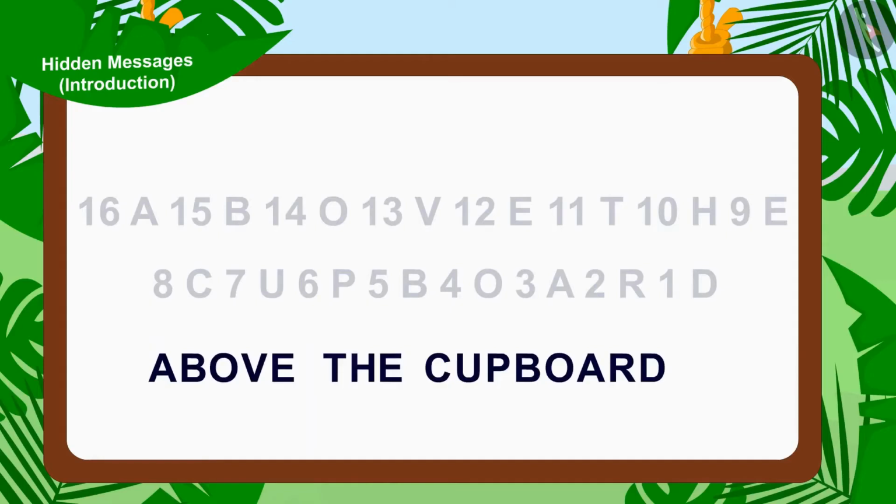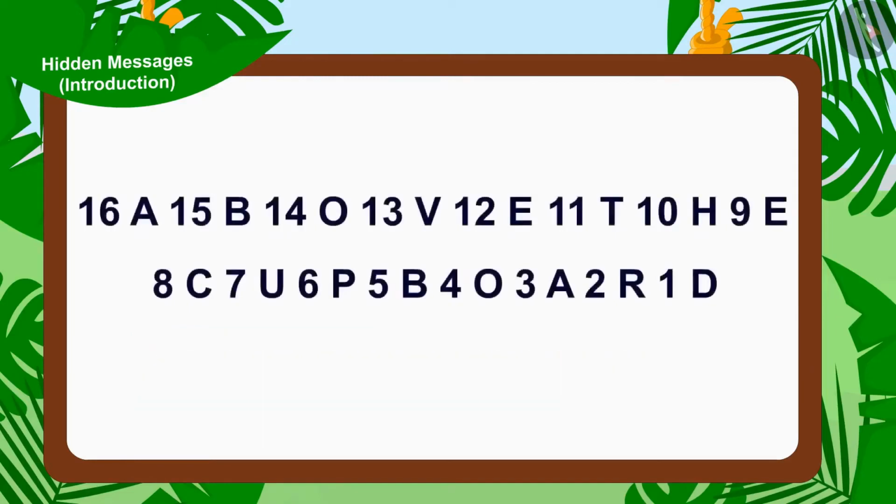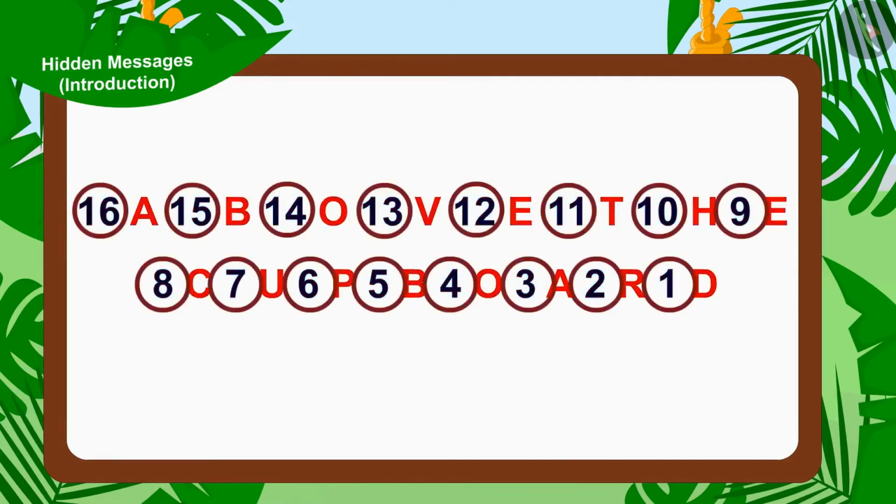Children, this too is a hidden message made from alphabets. Here, in this hidden message, Appu has hidden the alphabets in between the numbers in such a way that there is one alphabet written after every number.